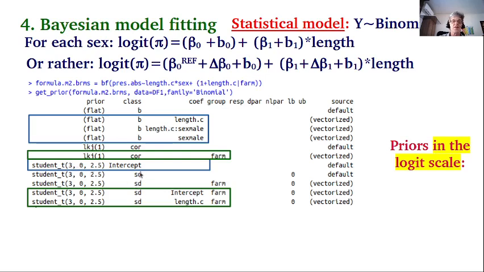We also see the parameters for the group level effects. These are the standard deviations of the B0 and B1 coefficients at the farm level for the intercept and the slope. Here we see the prior for the correlation between the group level intercept and the group level slope.